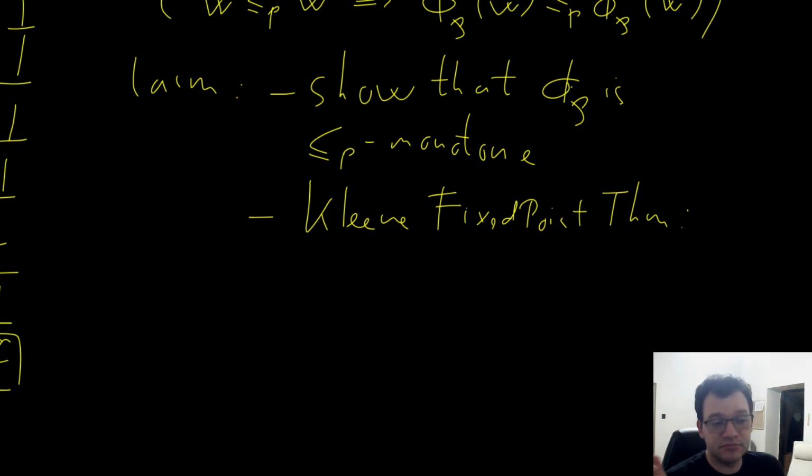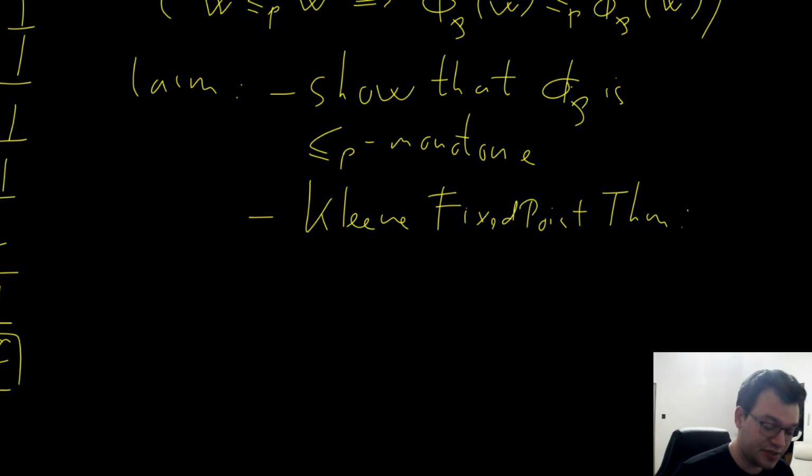So in complete partial order, in spirit it's very similar to the Tarski fixed point theorem, but the Kleene fixed point theorem states also that it can be computed by an iteration sequence, but this time it's not always sufficient to just iterate over the integers.